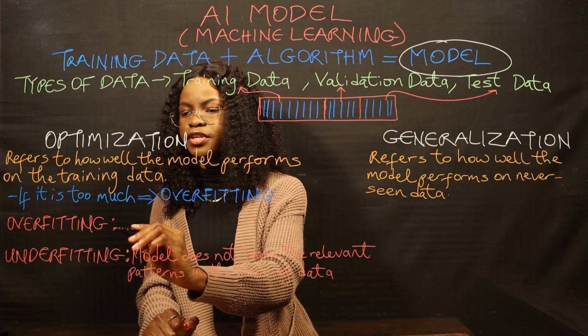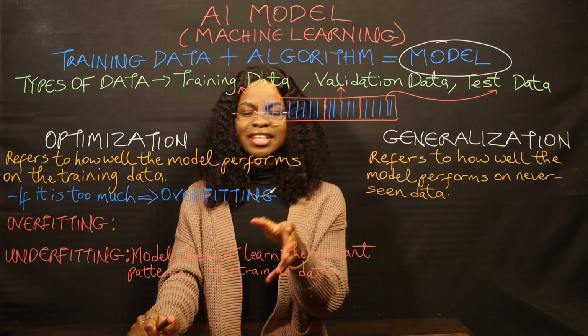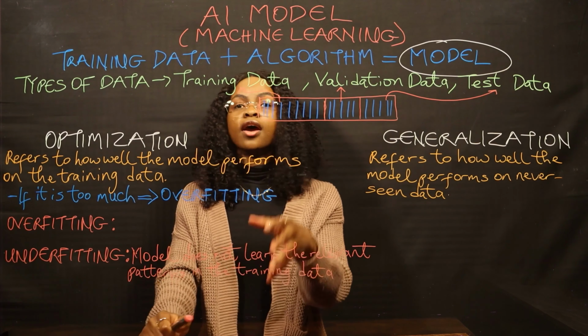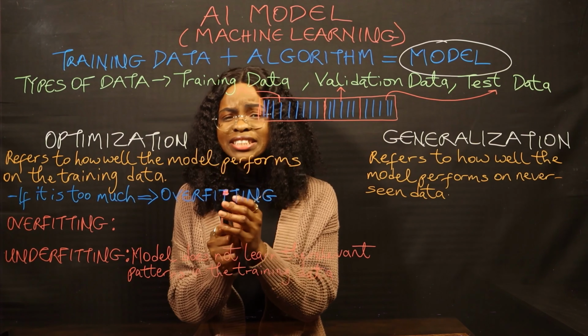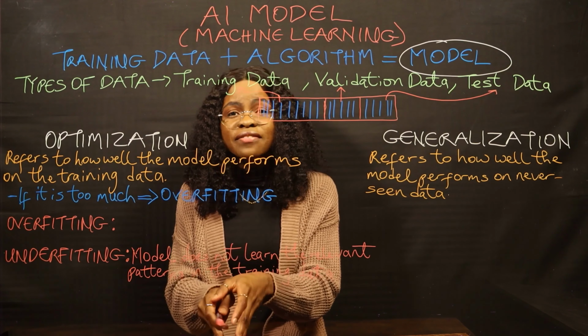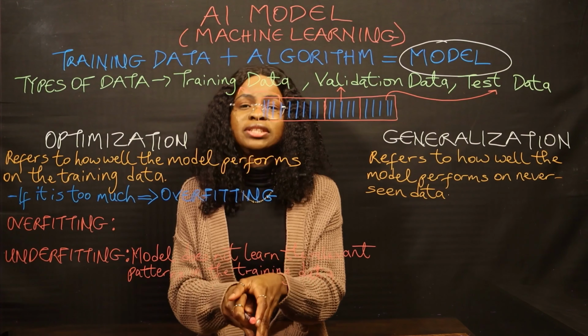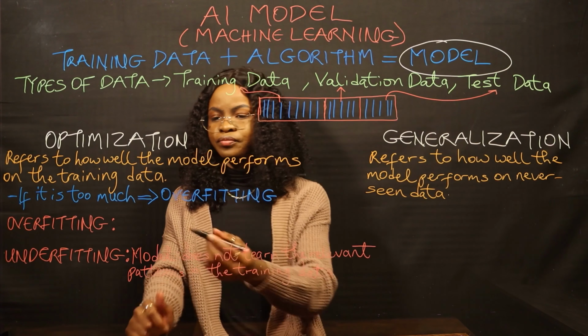Now, what is overfitting on the other hand? Overfitting is the flip side of underfitting, when the model learns too specific details in the training data that are irrelevant or unimportant to its generalization ability.